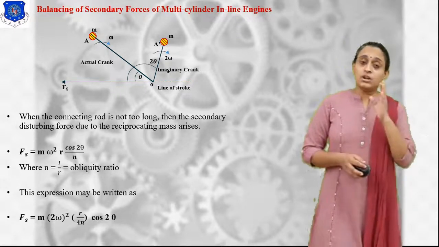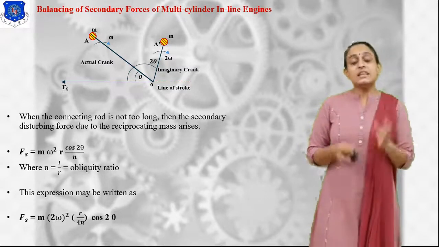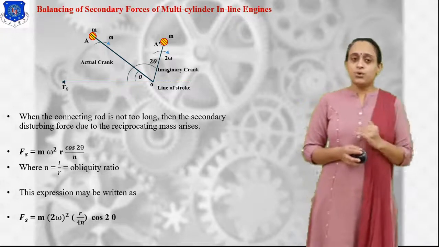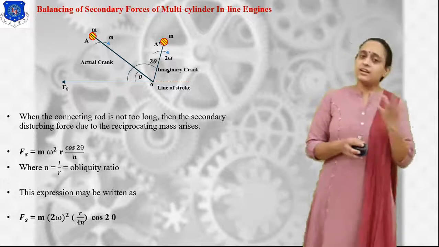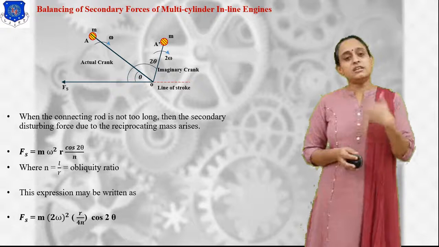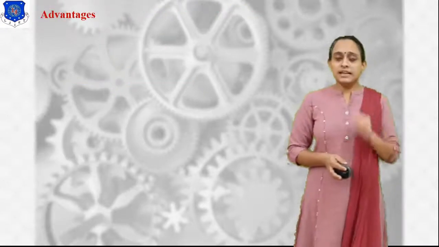The radius or original crank radius is r. In this case the radius will be lower than this, it means r upon 4n. Now the angle: in the primary forces the angle is theta only, and in secondary it is doubled, it means 2 theta. So this is the secondary one.